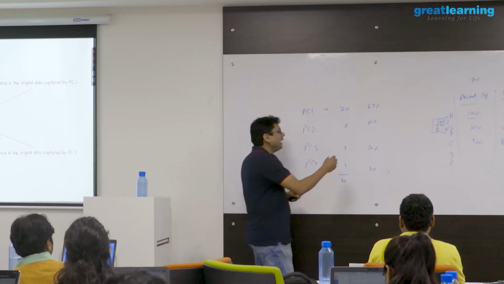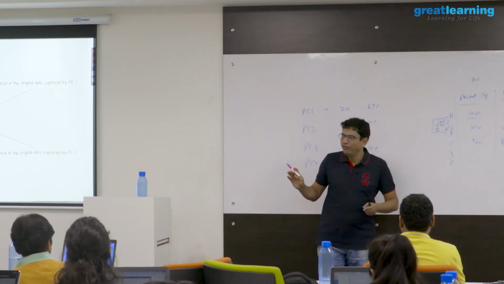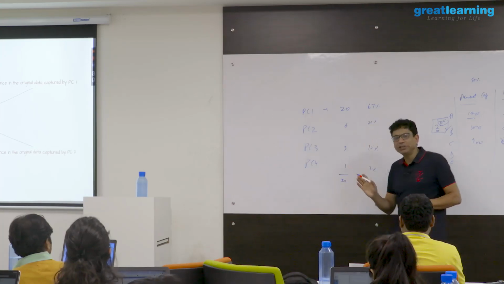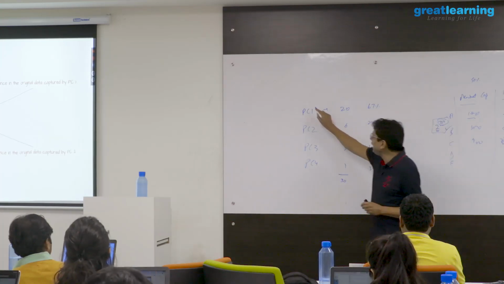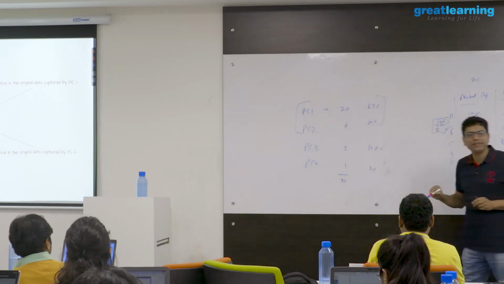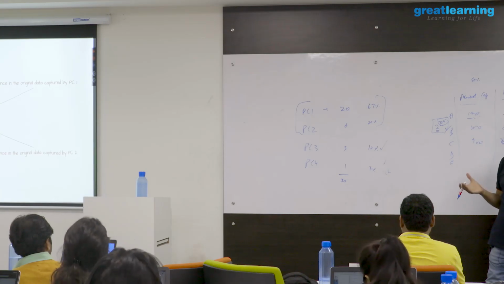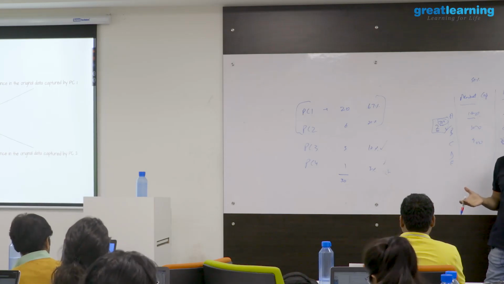So you might decide, I want to keep about 85% or 90%. If you want to keep 85% of your information, then you can keep just PC1 and PC2 and let go of PC3 and PC4. That way you get down to 2 dimensions.